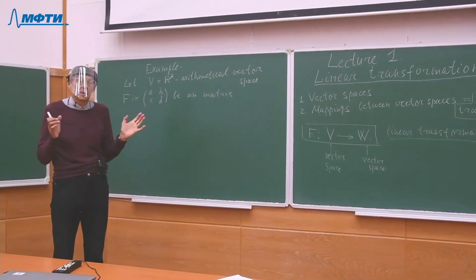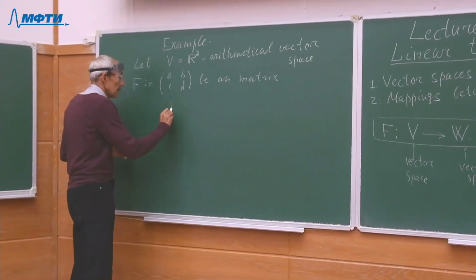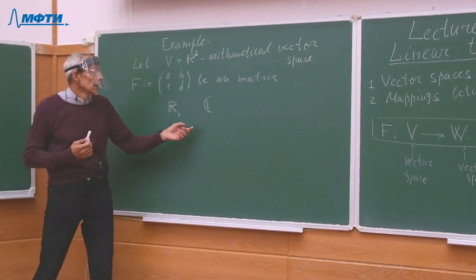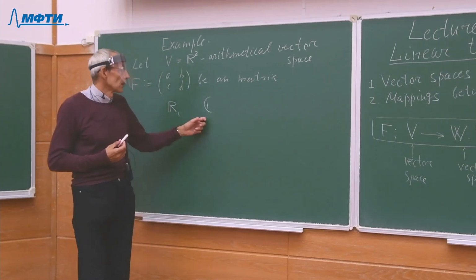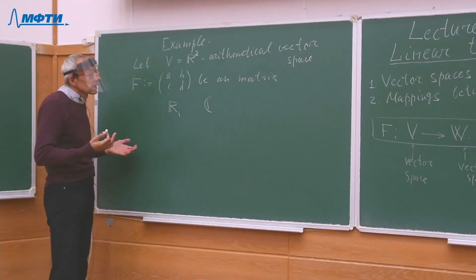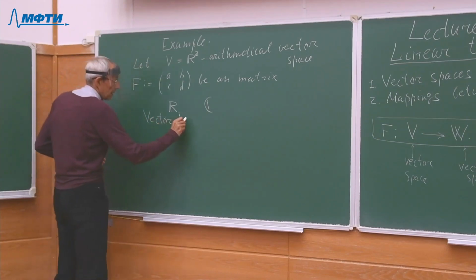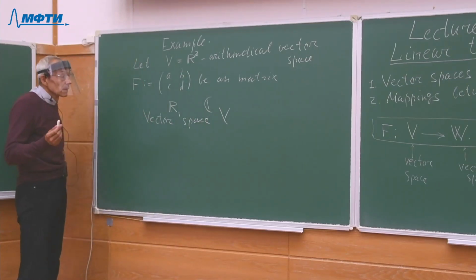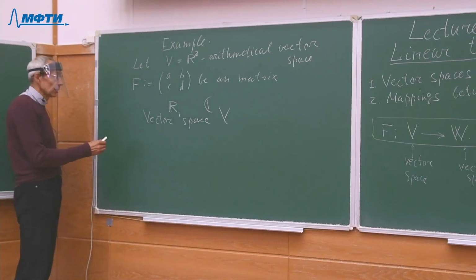In our example, the basic field will be the real number field R, and a second example of the basic field is the complex number field, denoted by C. And what does vector space mean? A vector space V is a set with two operations, vector addition and scalar multiplication.